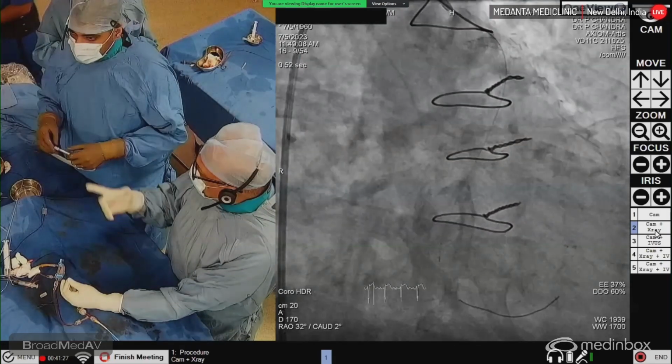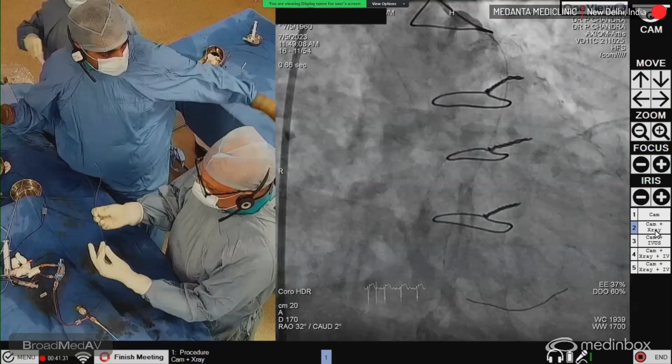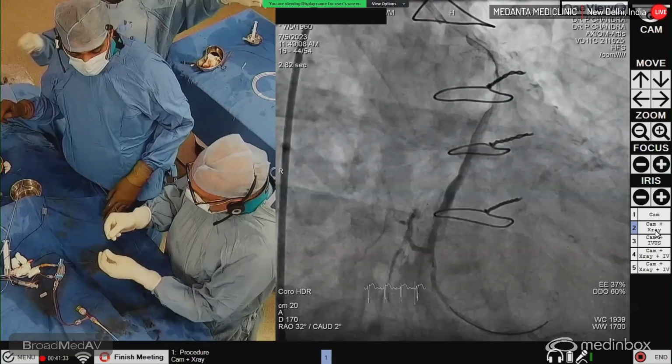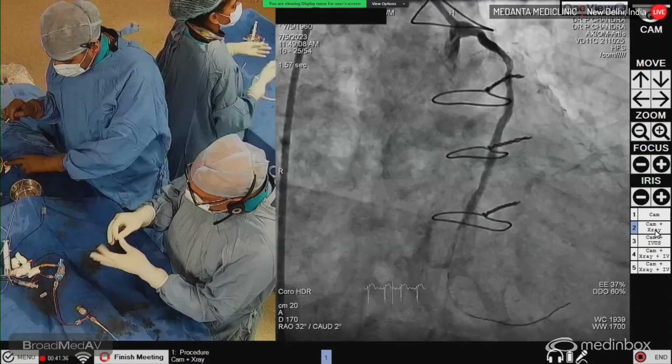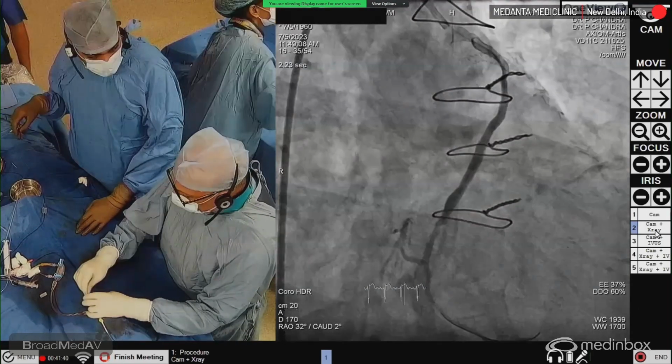But it is fascinating to see that the lumen looks very good on the IVUS after the laser, which was a 1.4 laser.